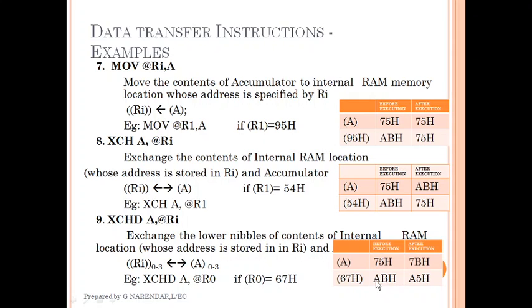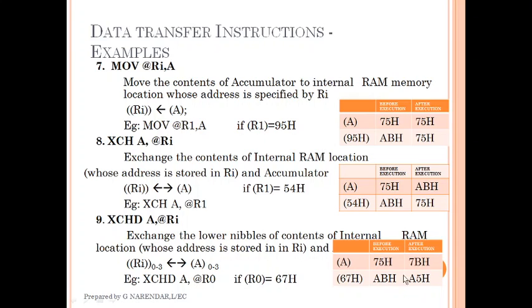So after execution of this instruction, what will happen? Only the lower nibbles of the two data are exchanged. The lower nibble of 75H is 5 and the lower nibble of ABH is B. Only these lower nibbles are exchanged. That means B goes to the accumulator and 5 goes to the 67H memory location.